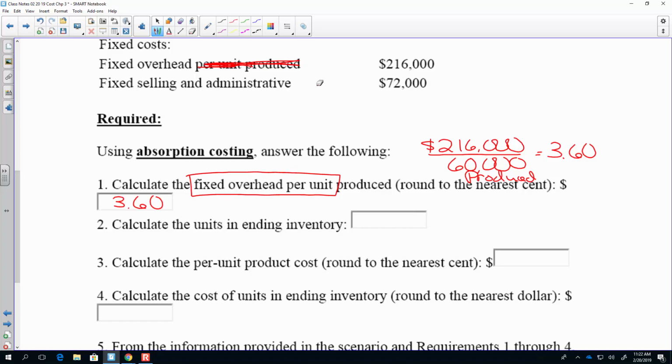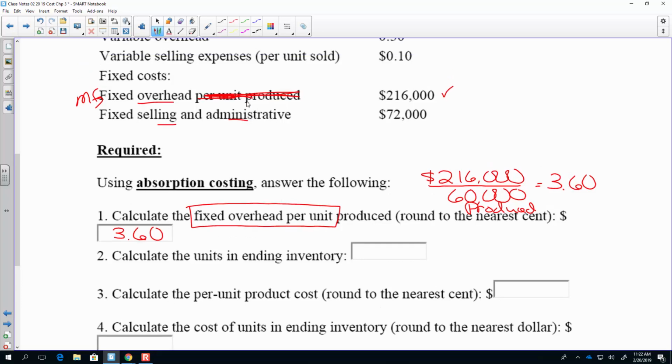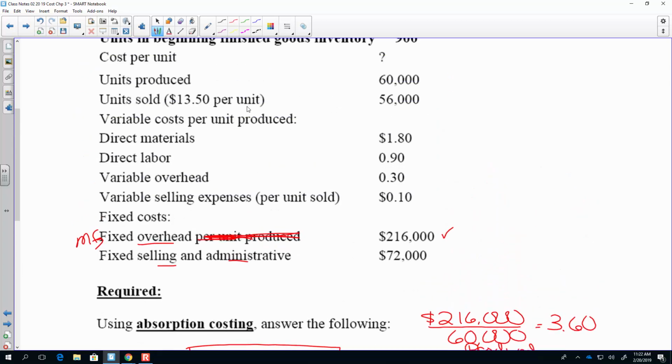So we grab this 216,000, making sure it's manufacturing. Don't grab the selling and admin. It must be manufacturing related, and we divide, just as you said, by the 60,000 produced units. Excellent.